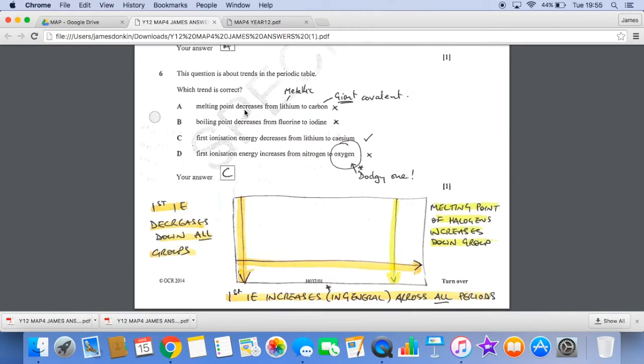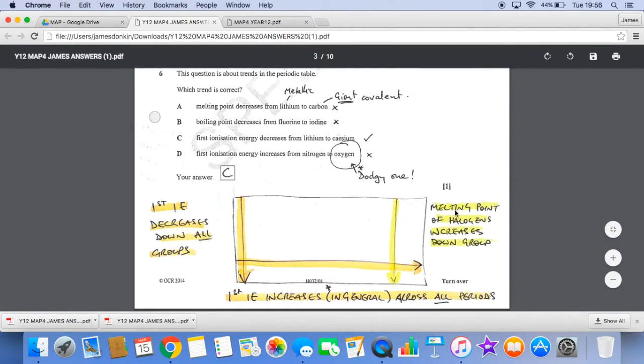No, the melting point increases from lithium to carbon because lithium's metallic, quite high melting point, but carbon has a giant covalent structure with a really, really high melting point, and so that statement's not correct. Boiling points decrease from fluorine to iodine. That's not correct because you can see there the melting point of the halogens increases down the group.